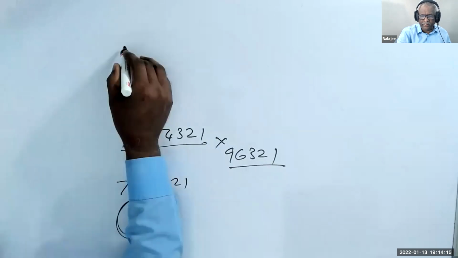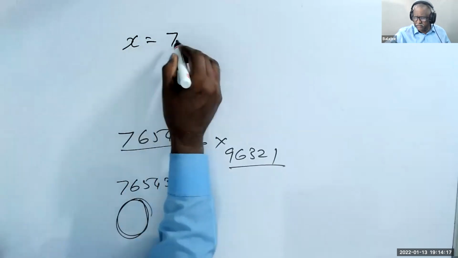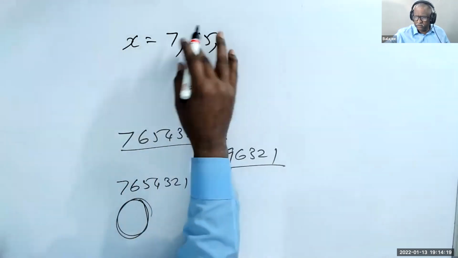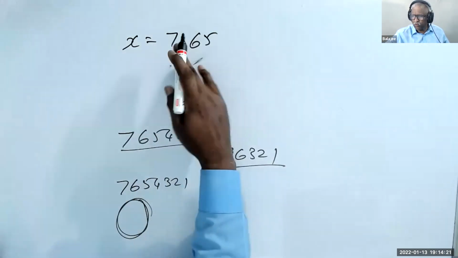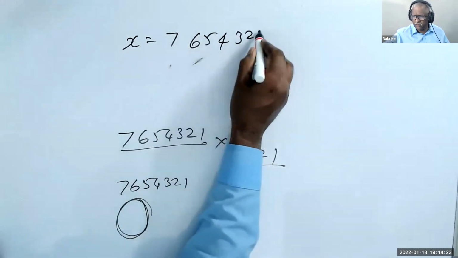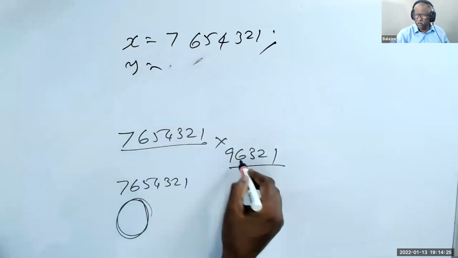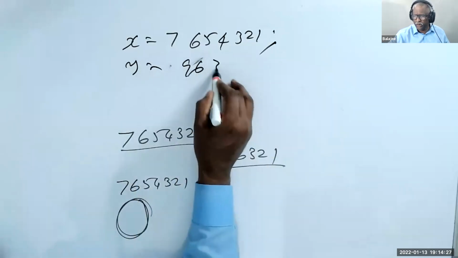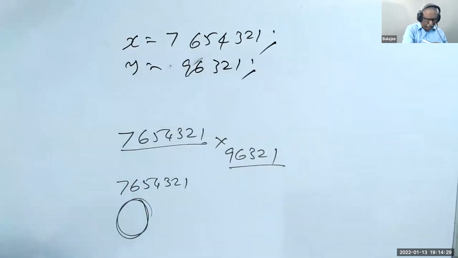So you say X is equal to 7654321, and Y is equal to 96321. Am I right? I've written it now.